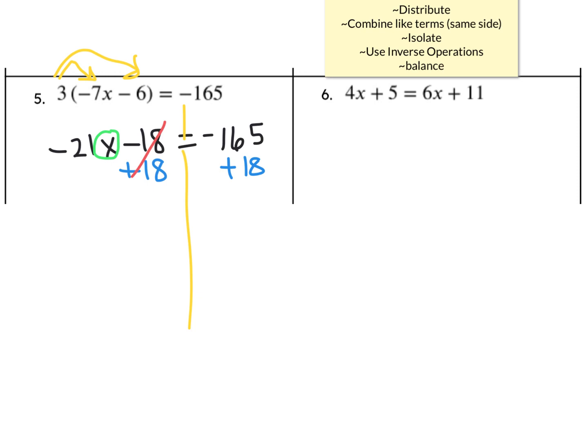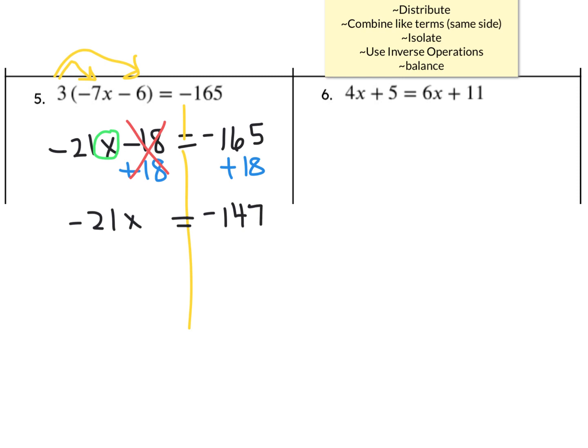A negative 18 and a positive 18 creates a zero pair, so that it gets eliminated. And now on the left side, I have negative 21x. And on the right side, be careful here because it's negative 165 plus 18, which is a negative 147.